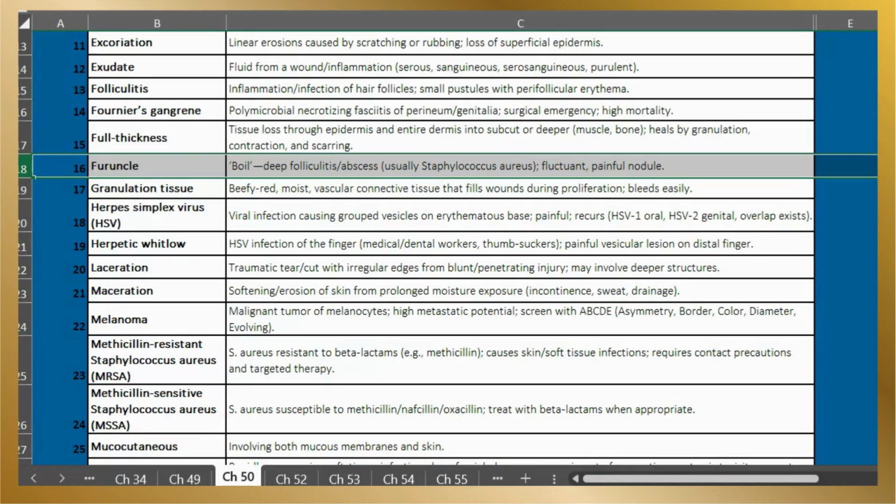Granulation tissue is beefy, red, moist, vascular connective tissue that fills the wound during proliferation and bleeds easily. So we know that granular tissue is red, the buds of healing.